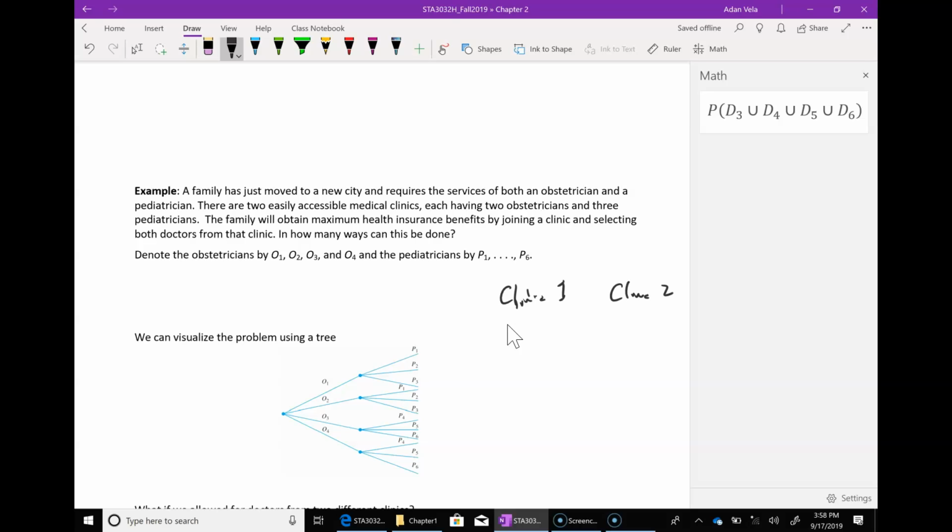Each has 2 obstetricians and 3 pediatricians. The only deal is I only want to go to one clinic. I don't want to send my family to both. There's no point in driving across town. So how many different ways can I select an obstetrician and a pediatrician?